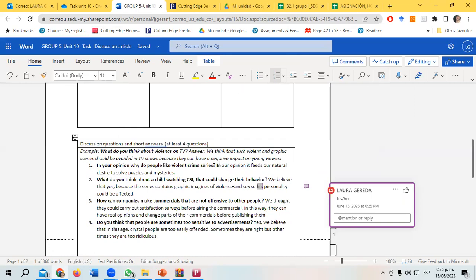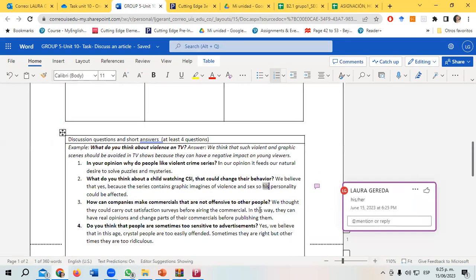And the last is, do you think that people are sometimes too sensitive to advertisement? Yes, we believe that in this age, people are too easily offended. Sometimes they are right, but other times they are ridiculous.